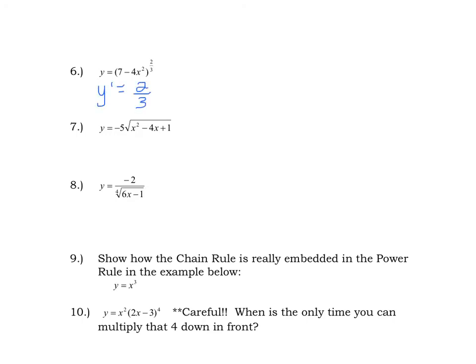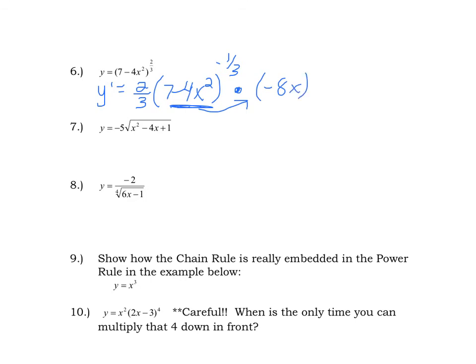Multiply that 2/3 down. We have 7 minus 4x squared as the inside function. Subtract 1 to your power, now you're at negative 1/3. Okay, and now we have to chain along the derivative of the inside, which would be negative 8x. Notice it's not linear.